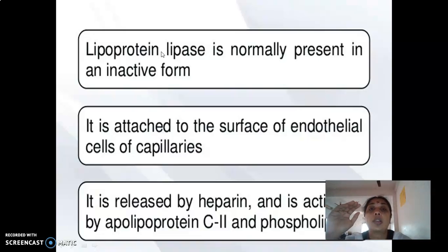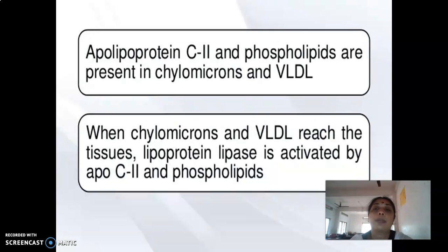So heparin causes the activation of lipoprotein lipase and ApoC2 and phospholipids, and carries out the release of the contents within the chylomicrons and VLDL. What are the contents within the chylomicrons and VLDL? It is TG. So TG will be released, and the TG will be acted upon by the enzymes, lipases, and causes the degradation.